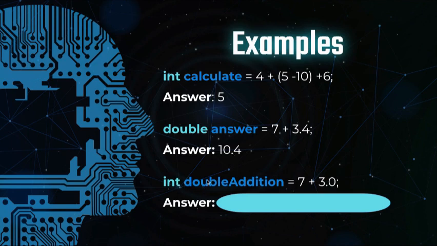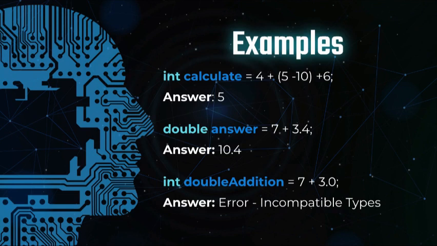Now, here's this third one. This one's a little bit interesting. Let's see if you were able to pick up on this, but the answer was actually an error. So you're going to get an error for incompatible types because if you notice here, we have a double inside the int. So if you try to put a double inside, the int can only take an int value, and you can't do type conversion from a double to an int.